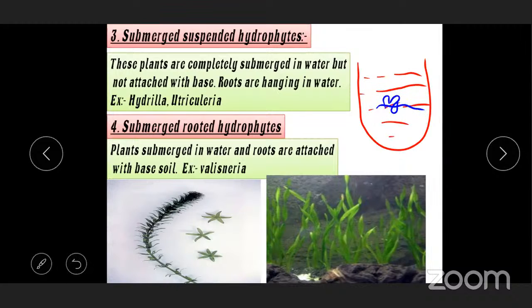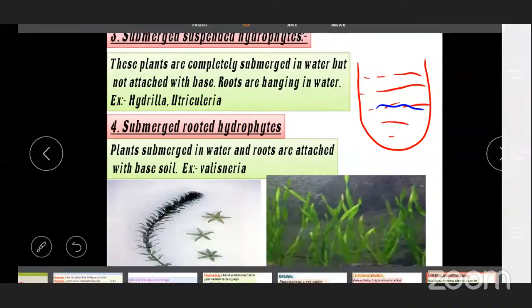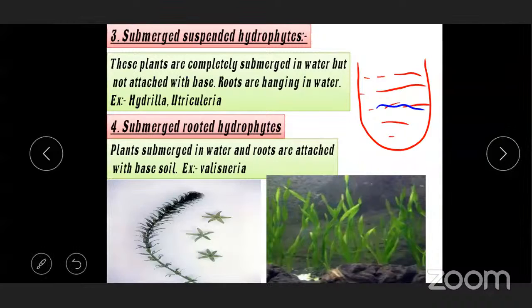Fourth one, submerged rooted hydrophytes. What are submerged rooted hydrophytes? Plants submerged in water and roots attached with the base soil. The plants are present inside the water, but the roots are attaching with the soil or base.